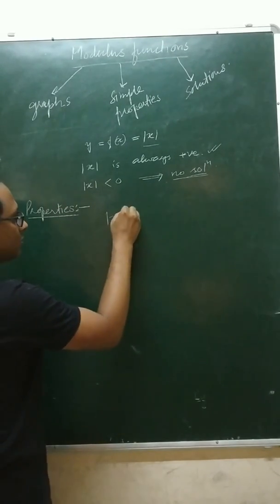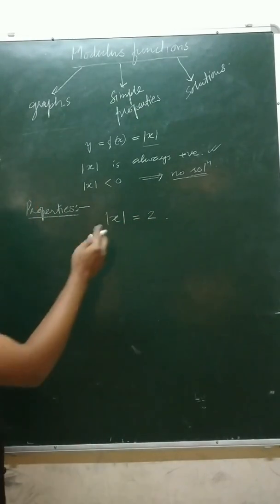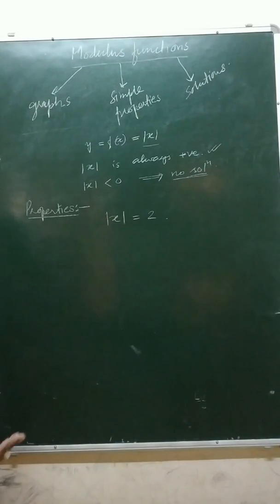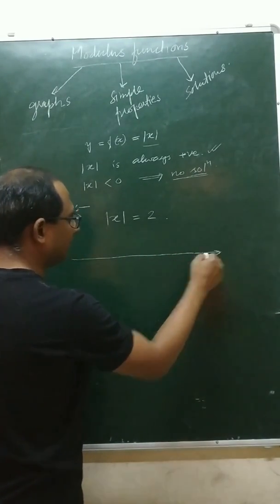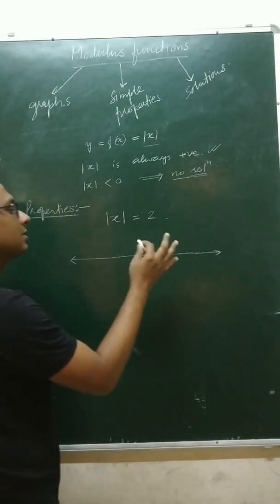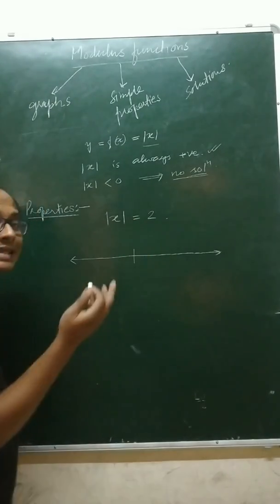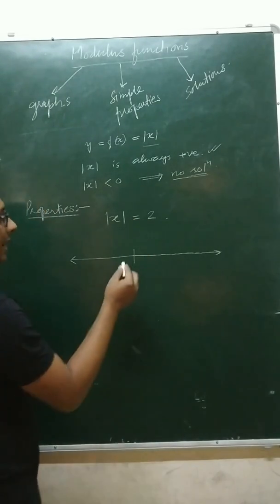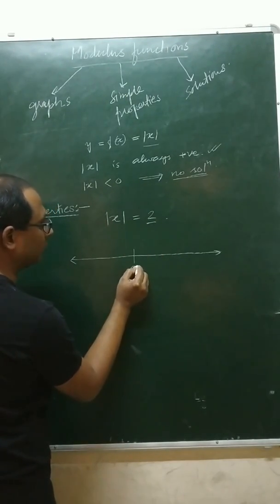Suppose we have to solve modulus of x equal to 2. What does this equation actually mean? All it means is: the number of values of x, the number of points on the number line, at a distance 2 units from the origin, from 0.